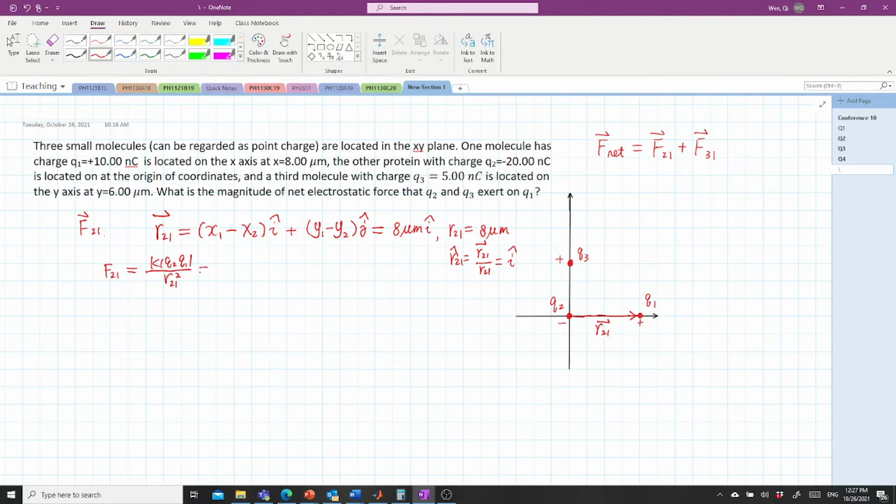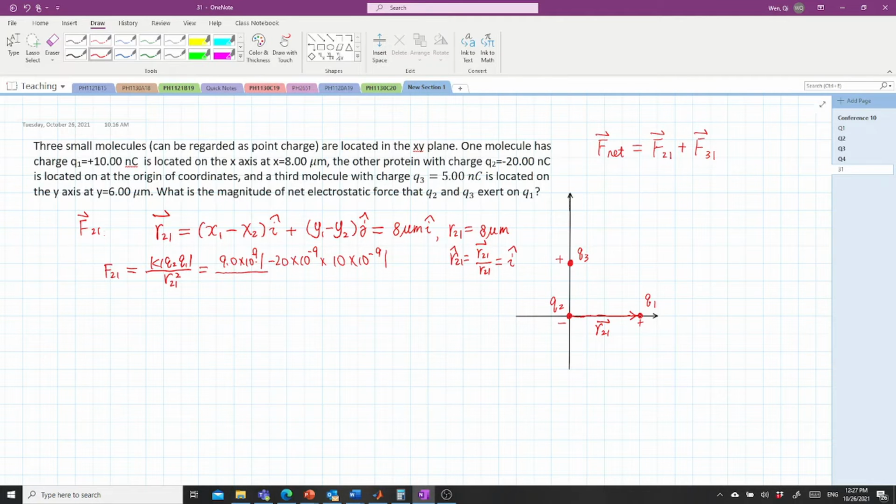Now replace the values. K is 10 to the 9th power, multiplied by the absolute value of the charge Q2, which is negative 20 nanocoulombs, or negative 20 times 10 to the negative 9th, then multiplied by the magnitude of the charge Q1, which is 10 nanocoulombs.